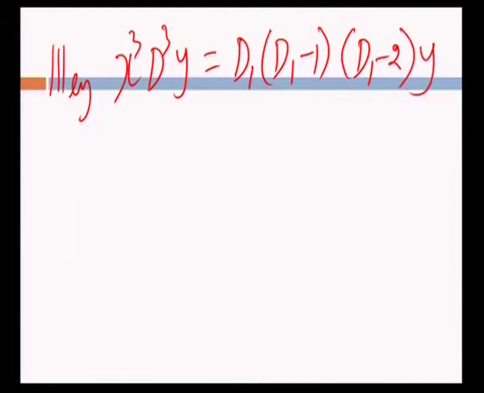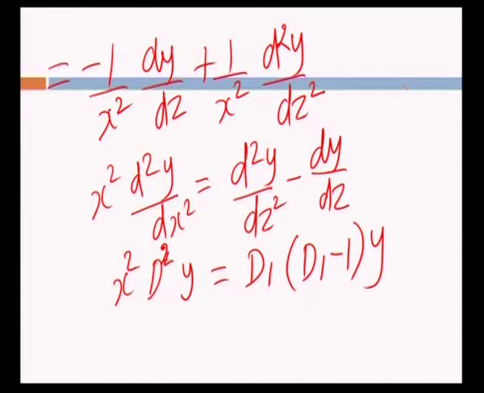So, earlier we got x square D square y equal to D1 into D1 minus 1 into y, and now x cube D cube y equal to D1 into D1 minus 1 into D1 minus 2 into y.